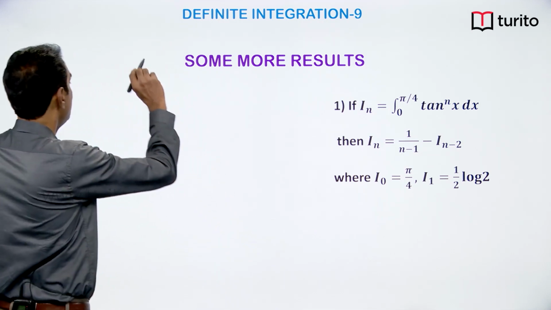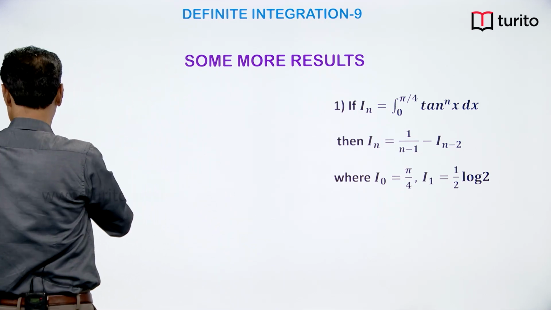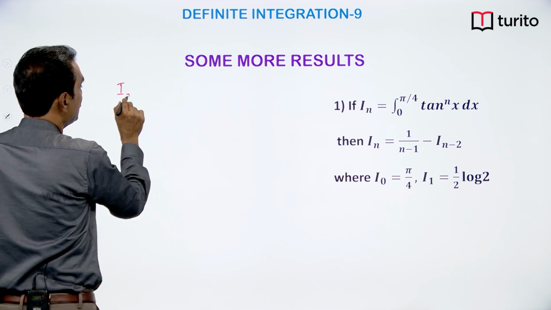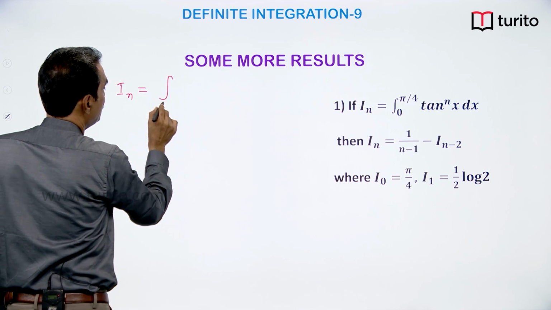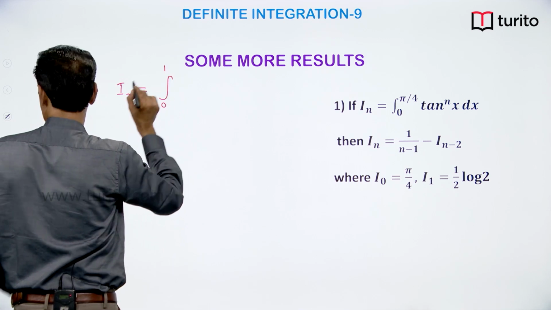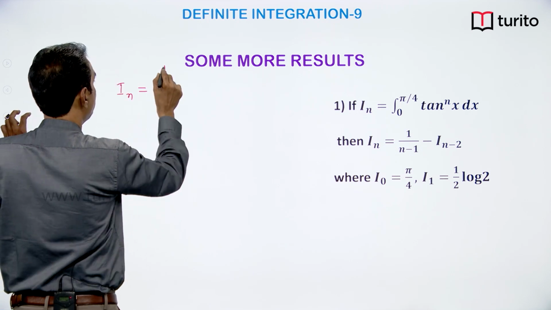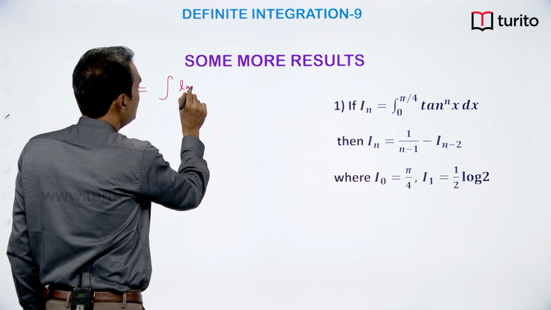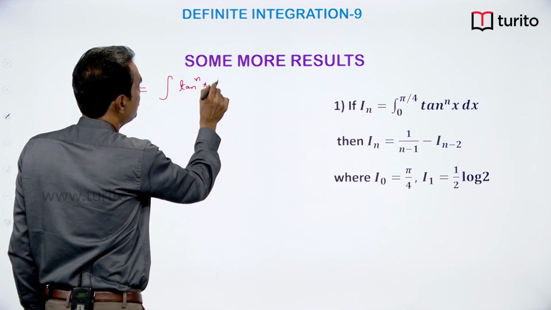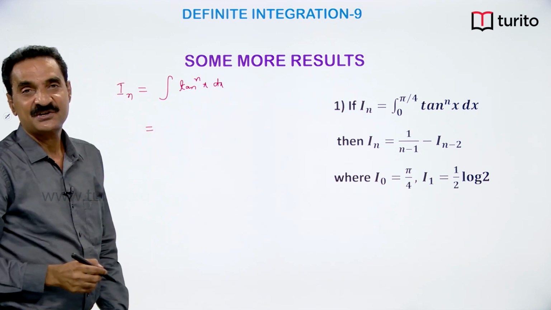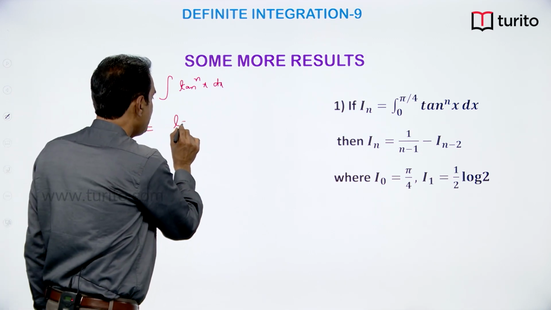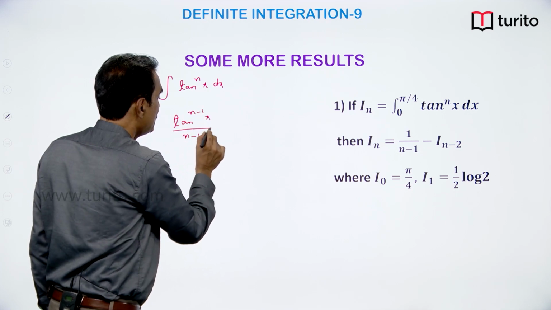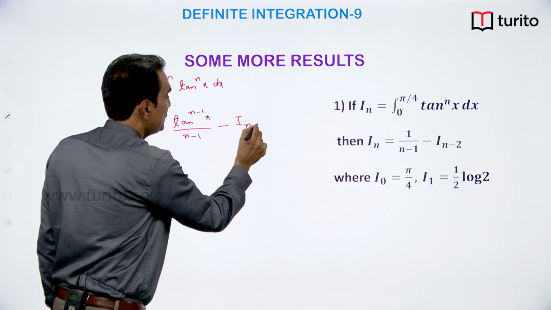Let us see how. In indefinite integration, if In is equal to the integral of tan power n x dx, what is the reduction formula? Tan power n minus 1 x by n minus 1, minus I n minus 2.